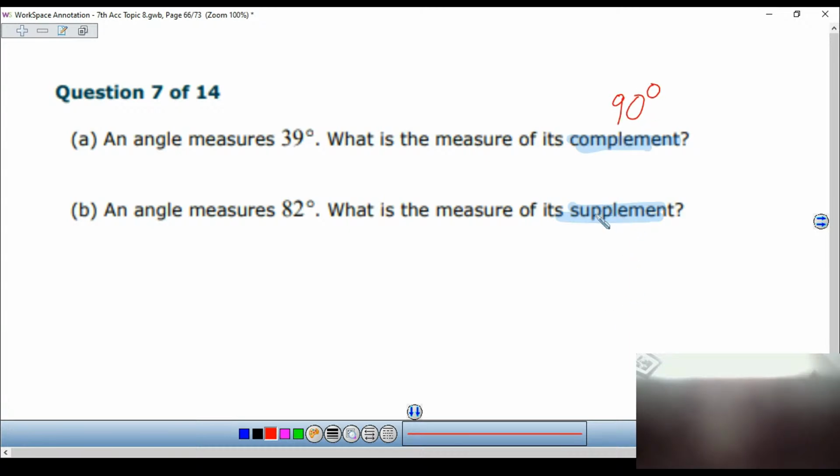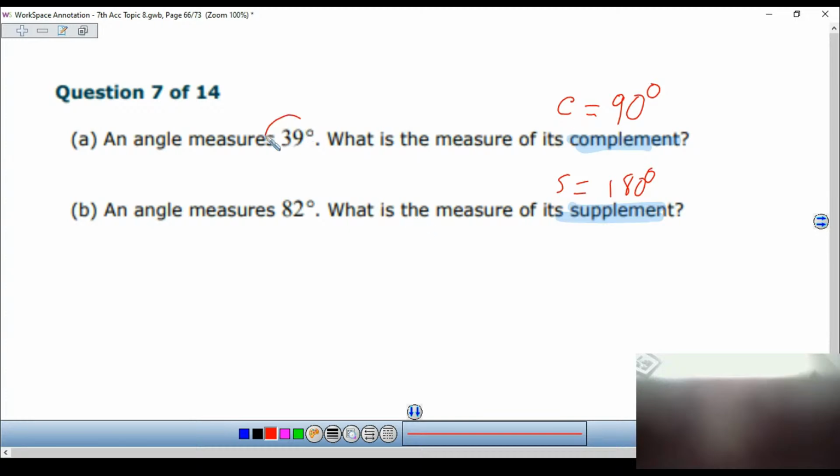And the supplement means the angles are going to add up to 180 degrees. Okay? The way I did this was C comes before S in the alphabet. So that's the lesser number. And then S comes after, and it's a little bit bigger, 180. All right? So let's do these.